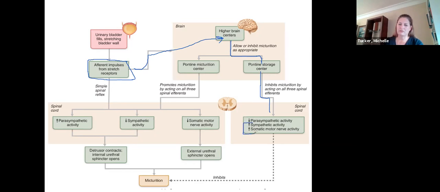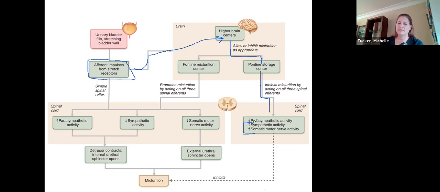These two will keep those sphincters closed. So the sympathetic says, no, we're going to keep the internal sphincter closed, and somatic says we're going to keep the external sphincter closed. So both of those are going to stay closed.